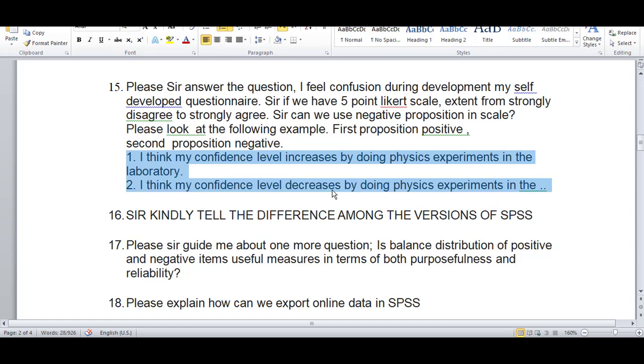But usually, if this particular item is not the core of your instrument, then I would not recommend making the same item in a positive and negative way. You can make positive and negative items, but the content or the measurement should be different. The level of question, or the inside thing which you want to ask, should be different.